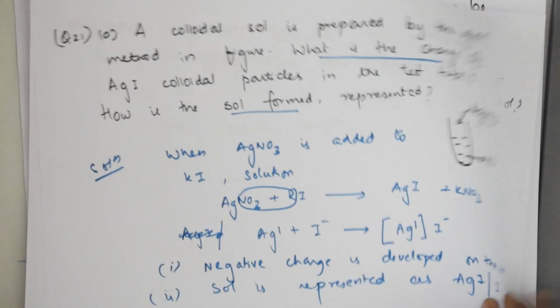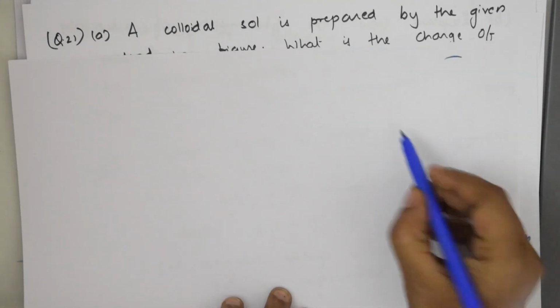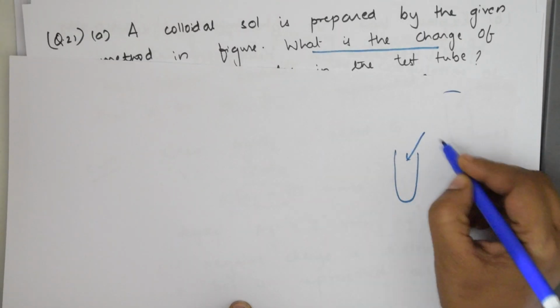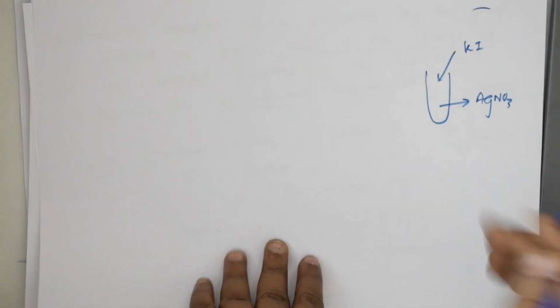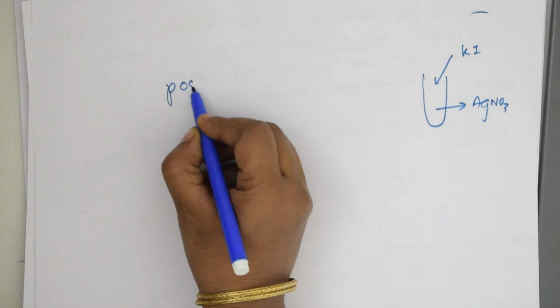Suppose you have the other way, the same concept. If I have a test tube with AgNO3 and I add KI to it, what type of sol do you get? Here you will get a positively charged sol.